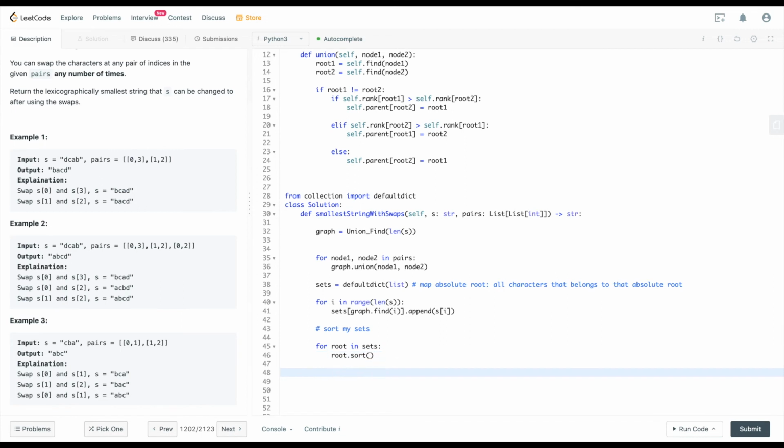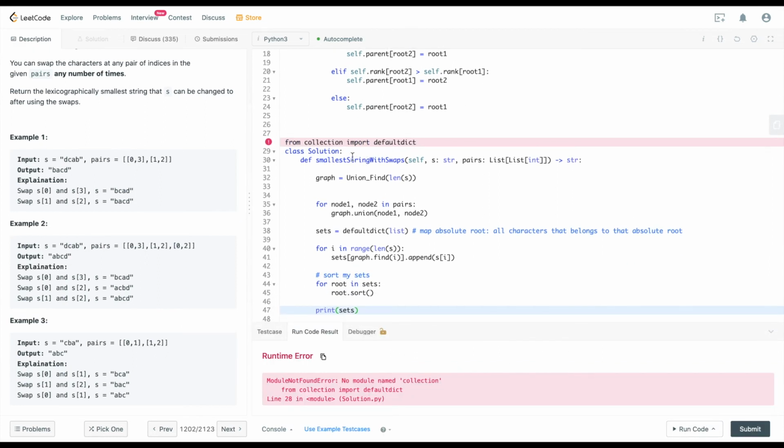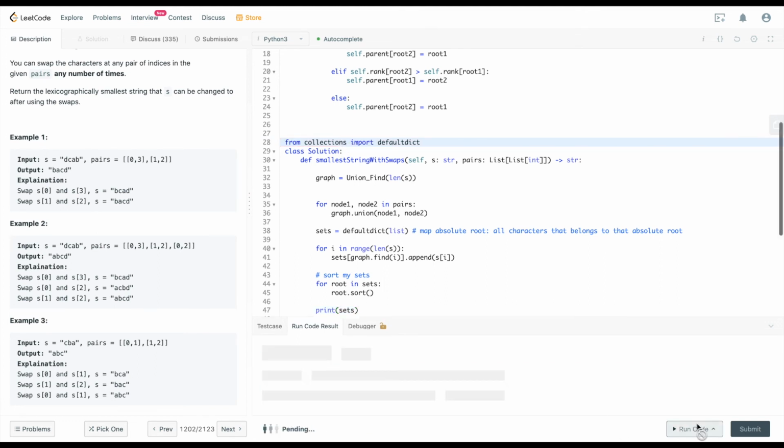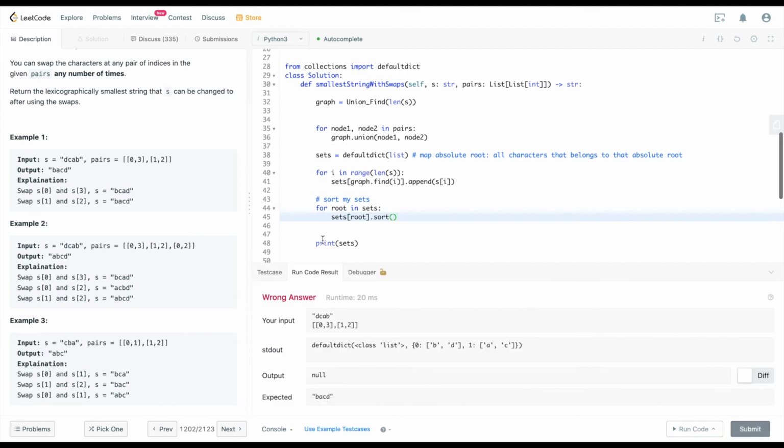So it sorts it in place, and then let me just make sure it's now sorted. So I'm gonna print my sets and see what it gives me. That's root.sort, and then let's look at our sets.